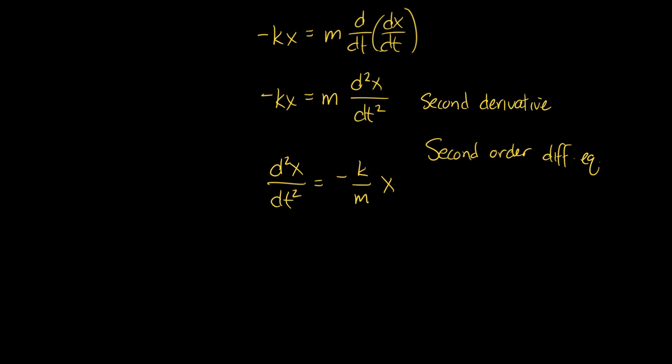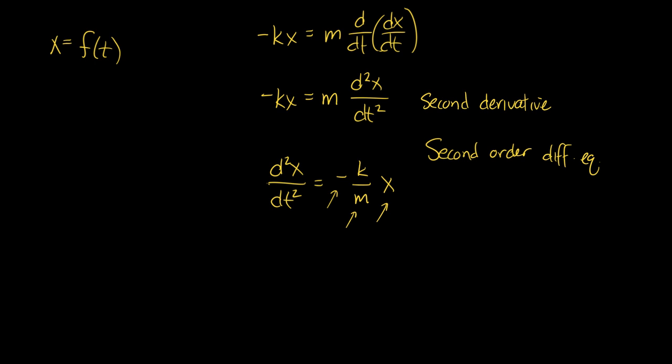It says that there is somewhere in the universe a function for position, x, as a function of time, that when I take the derivative twice, produces a negative sign and a constant, and the original function. That's what it says.